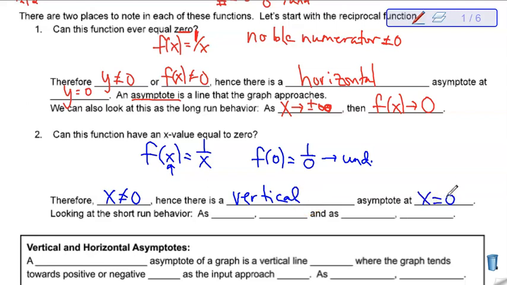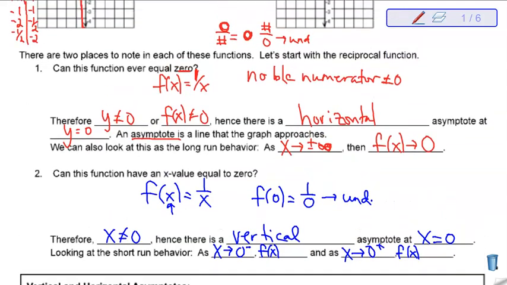Now, looking at the short-term behavior, if I'm approaching 0 from the left, what happens to my f of x? And if I'm approaching 0 from the positive values or from the right, what is happening to my f of x? Well, let's look.